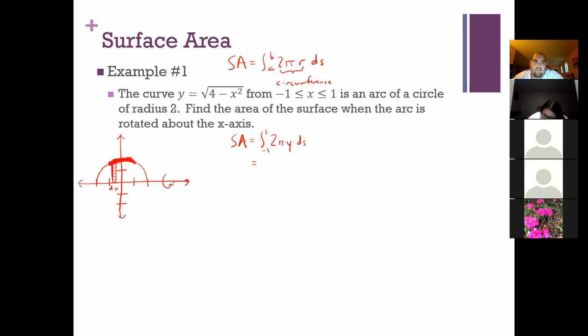I'm using dx intervals, so I am going to set this up with x as my independent variable. So do a little more rewriting here. From -1 to 1 of 2 pi times the square root of 4 minus x squared ds.